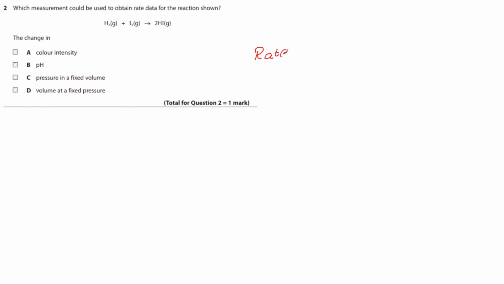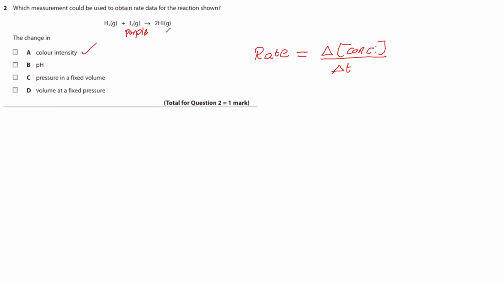You can find the change in concentration of either reactants or products over the time taken. That's how we find how fast the reaction takes place within a given period of time. How can we measure the change? Can we measure the color intensity? Yes, we can, because iodine has a color. Iodine is a purple gas.